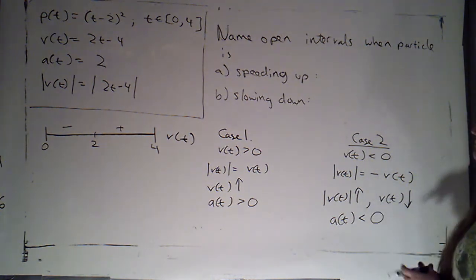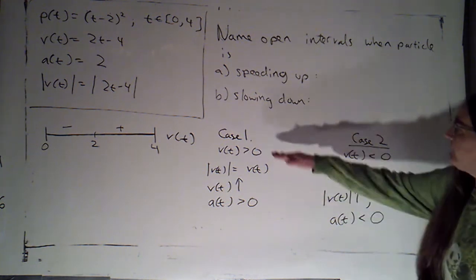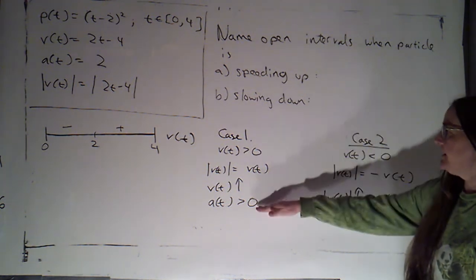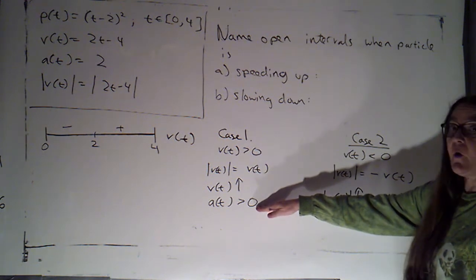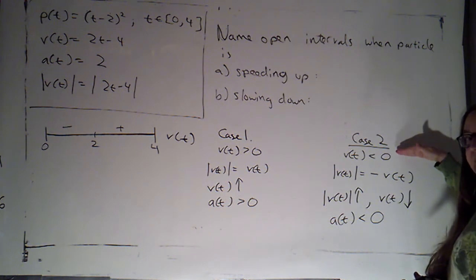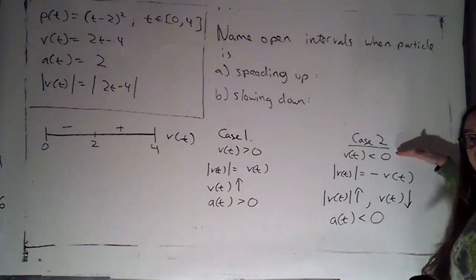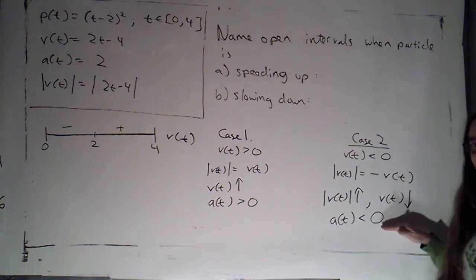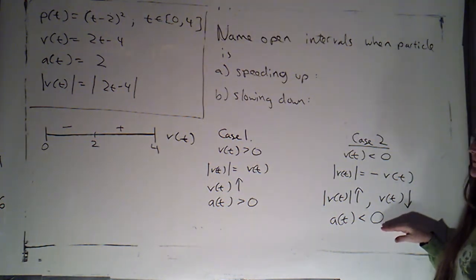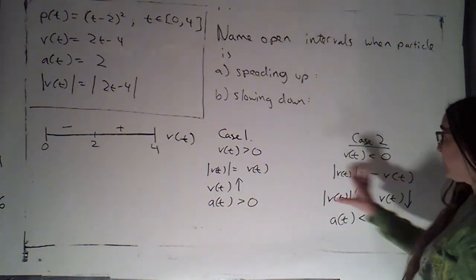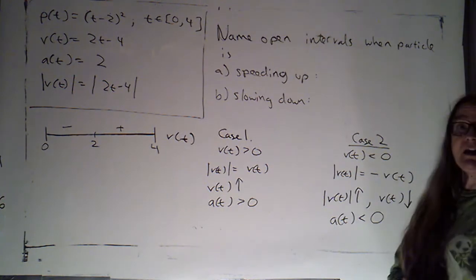Okay? So, if velocity is positive, we'll be speeding up if the acceleration is also positive. But if the velocity is negative, we're speeding up if the velocity becomes more negative, which means it's decreasing, which means the acceleration must be negative. So the rule here, I can sort of summarize it, even though I broke it up into two cases.